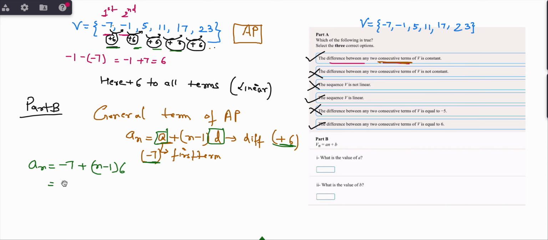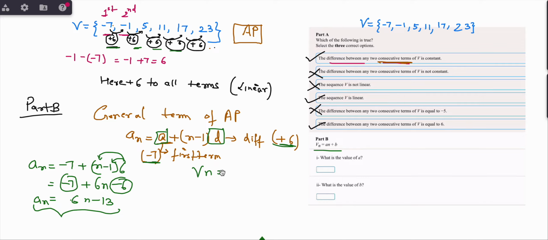Now we expand that: -7 plus 6 times n minus 6 times 1, which turns out to be 6n minus 13. And this is nothing but the same formula as what we have been given here, Vn is equal to an plus b, and here we got Vn is equal to 6n minus 13.